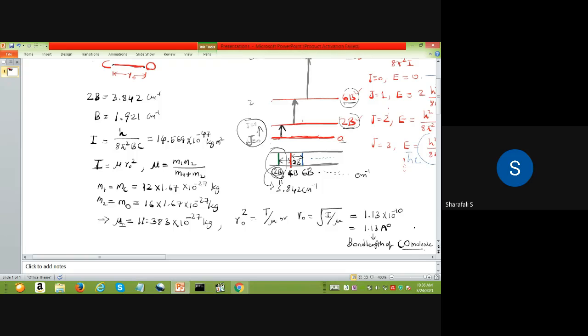In other molecules, when it comes to polyatomic molecules, for example symmetric molecules, we have some different, complicated equations, but still it is easy. Once you know this spectra, then you can easily find out the interatomic distance or bond length of that particular molecule.